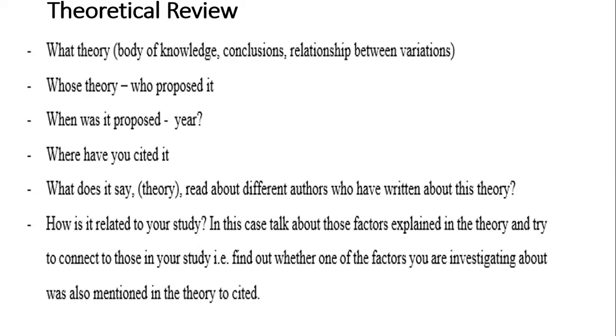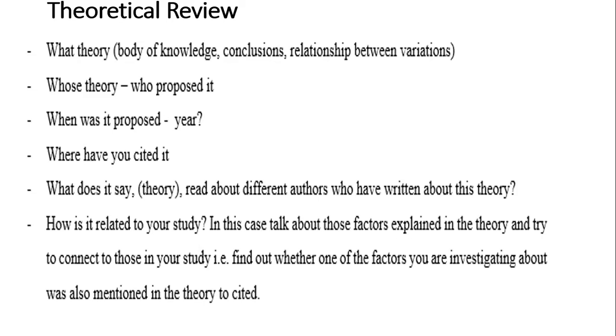Then when you go to question 2, whose theory? We said in chapter 1 that each theory has a developer. Who developed it? That name of a person. When was it developed? The year. We said this is the year when the original research which resulted into development of that theory was published.